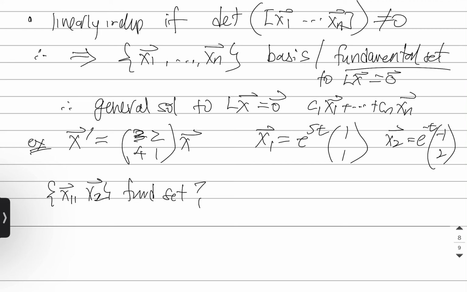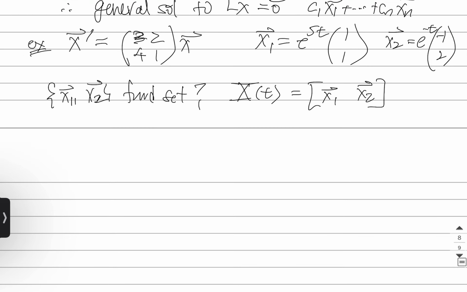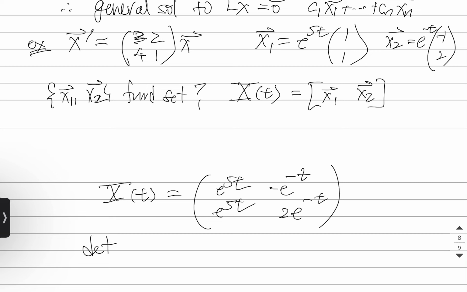You're going to take a matrix, capital X of t. You're going to build it from x1 and x2. Those are going to be its columns. So capital X of t is going to be e to the 5t, e to the 5t, negative e to the minus t, 2 e to the minus t. We are going to take the determinant of that matrix.